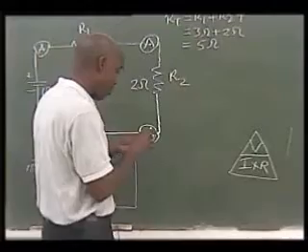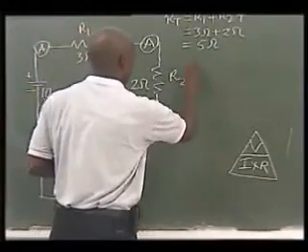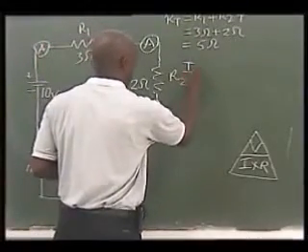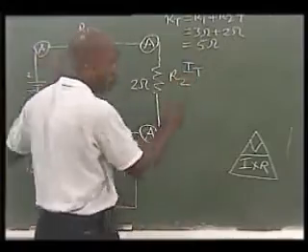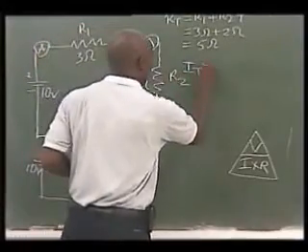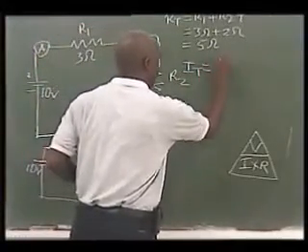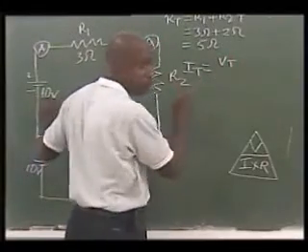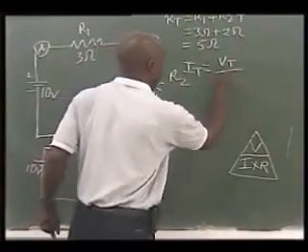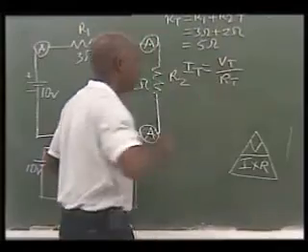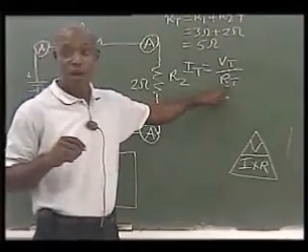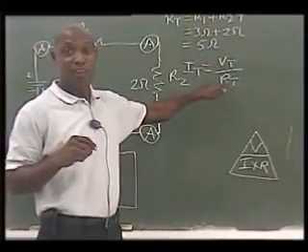Okay, so for our case, it's going to be IT, which means the total current flowing in the whole circuit, is equal to VT, which is the source voltage, the 10 volts, over RT. Please note I did not put R1 or R2. I put RT.